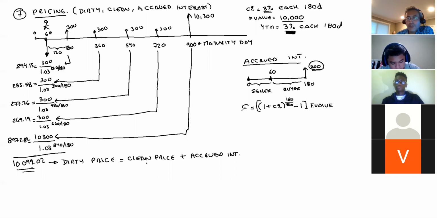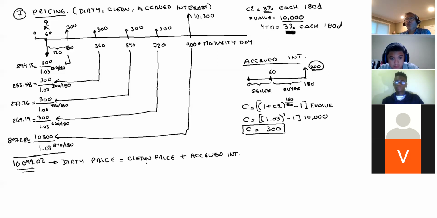Correct? That's what you do. So basically your coupon was equal to 1.03 to the 180 over 180, because you give coupons every 180 days, minus 1 times $10,000. And then from here, you can see that the coupon is indeed $300. Correct?